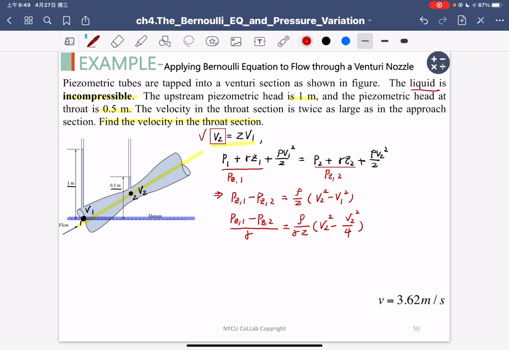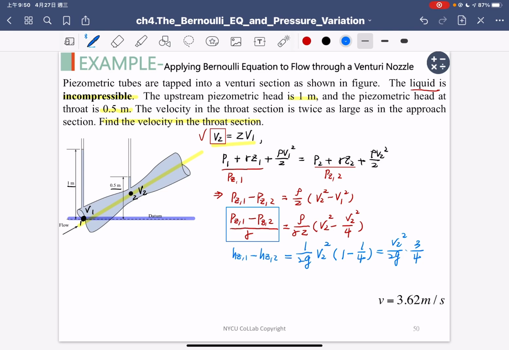Okay, and then you see the item here is equal to the piezometric head difference, HZ1 minus HZ2, piezometric heads 1 and 2, will equal, since gamma is rho g, 1 over 2g, and we take the V2 square outside, and the inside is only 1 minus 1/4. So it is equal to V2 square over 2g multiplied by 3 divided by 4.